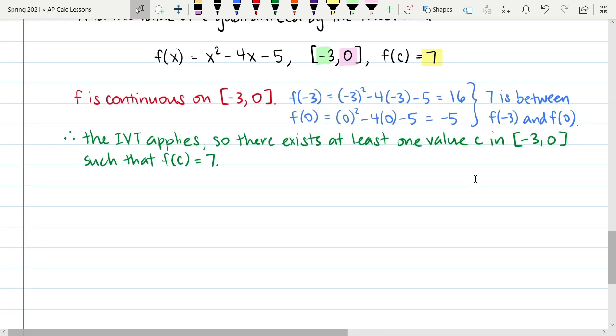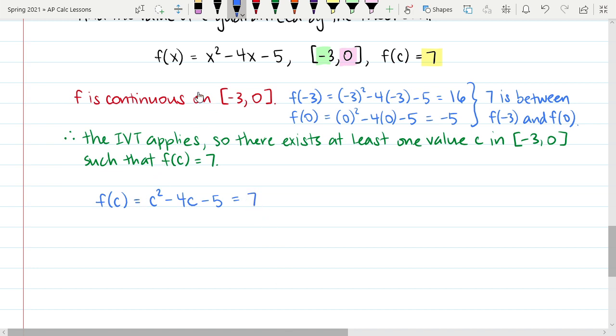So in other words, now they're just asking us to do some algebra. And that means we're trying to find for what value of C does f of C, which would become c squared minus 4c minus 5, equal 7.